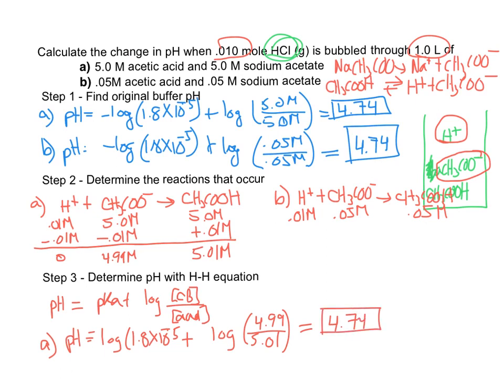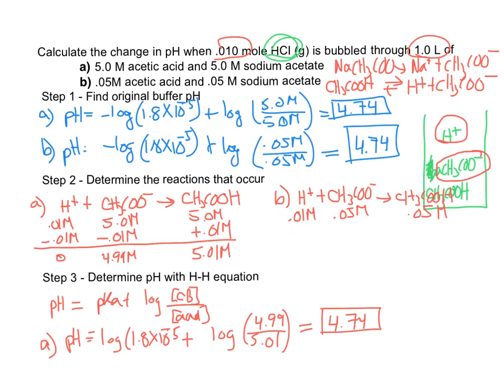Okay, I'm going to do the other one in blue here. I said that I have 0.01 moles of my H pluses, and 0.05 molar of both of these. Let's compare these. Which one's my limiting reactant? Still the H plus.